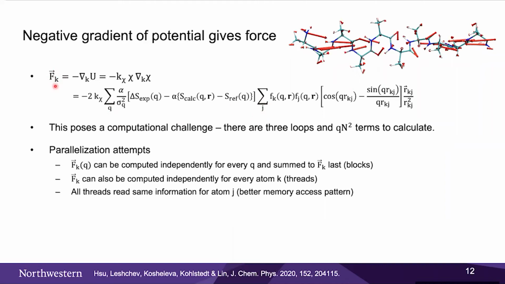So there are a lot of terms to compute, but we also noticed that this is great for GPU computation because this is a very ordered matrix-like operation. So we spent quite a while trying to parallelize this computation. We noticed that for every Q, you can calculate the force separately. And given a Q, you can also calculate the force for every atom separately. But these are technical details.